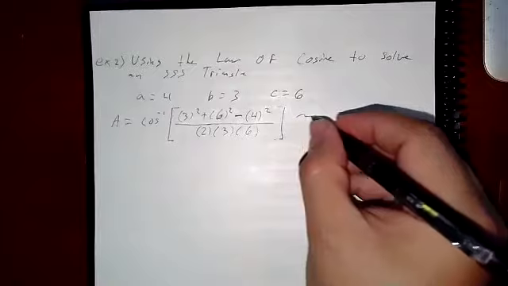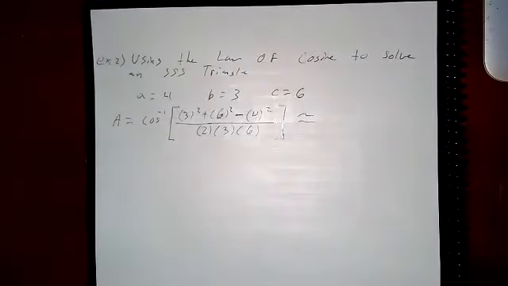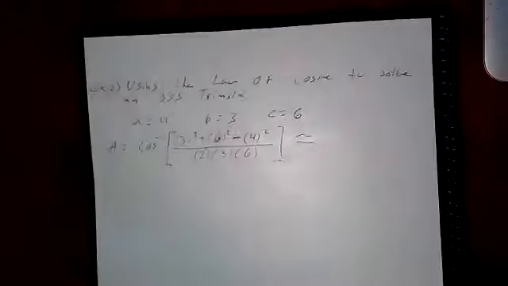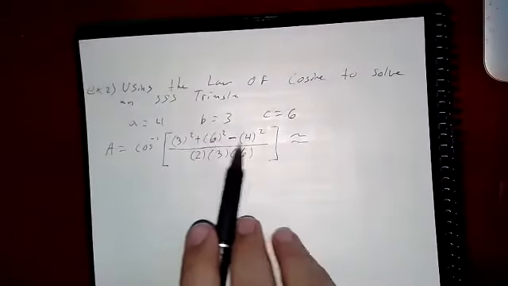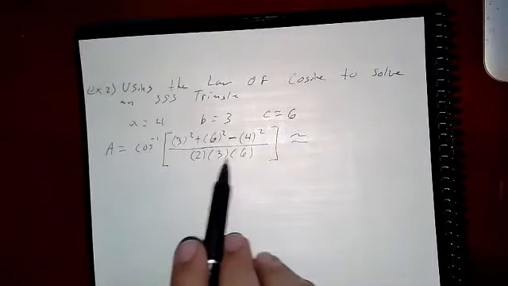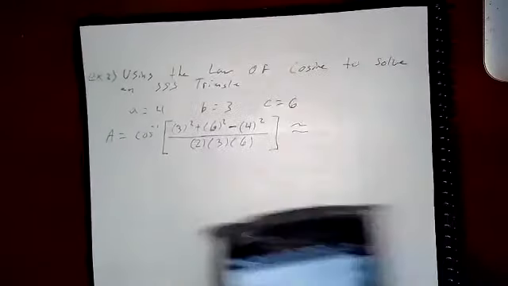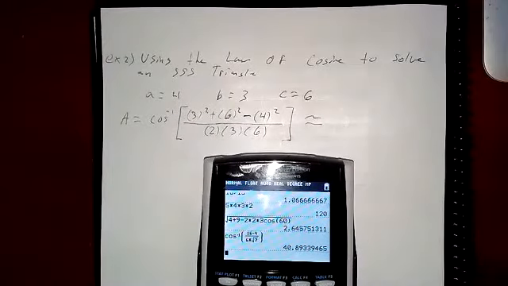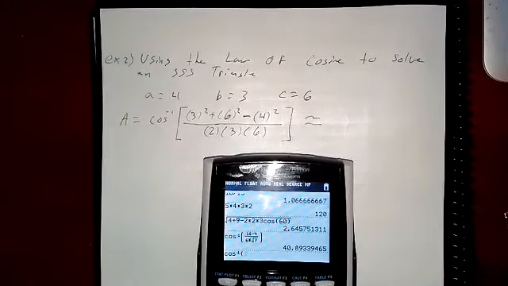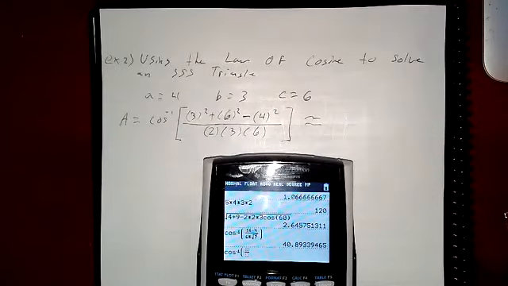So let's find out what A is. Right, because it's going to be B squared plus C squared minus A squared over 2BC. All right, so let's find out what that is. I got 36.3. I think you might be right. Yeah, that sounds right.